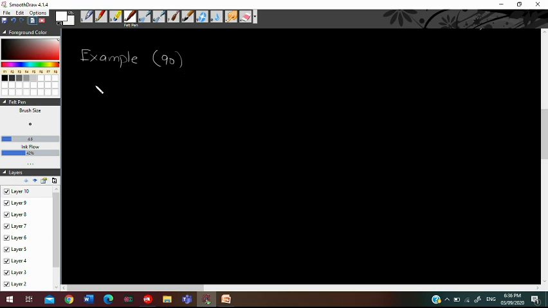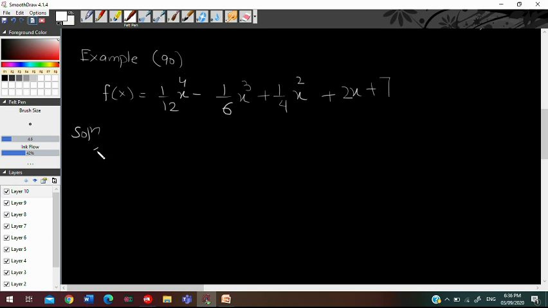Find the higher derivatives of the polynomial f of x equals 1 by 12 x power 4 minus 1 by 6 x power 3 plus 1 by 4 x power 2 plus 2x plus 7. The question is, we have to find the higher derivatives. Now we start the solution of this example.